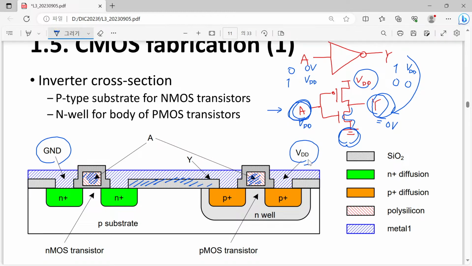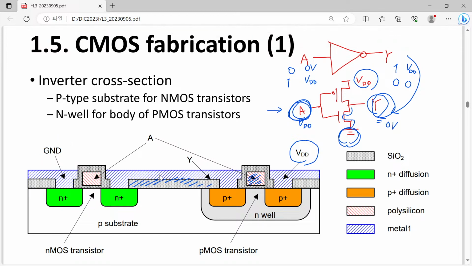And now the remaining things are your N MOSFET and P MOSFET. Then where can you find N MOSFET and P MOSFET in this cross section? As I told you before, N MOSFET and P MOSFET are made of just a MOS system surrounded by source and drain.